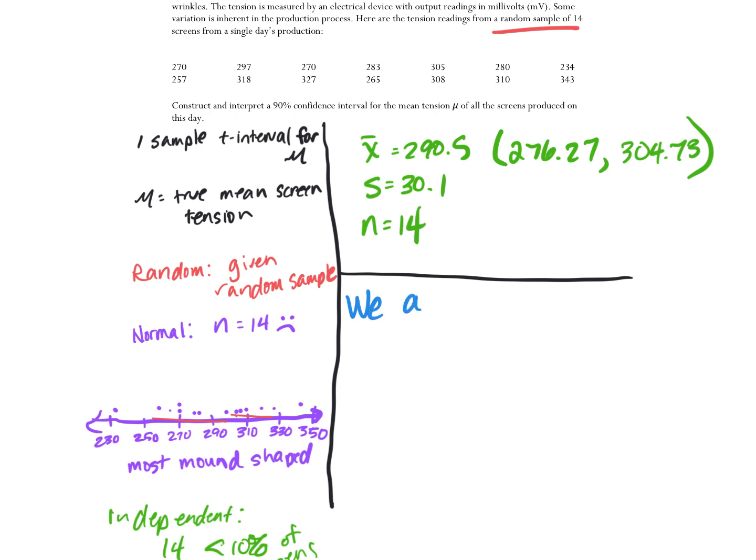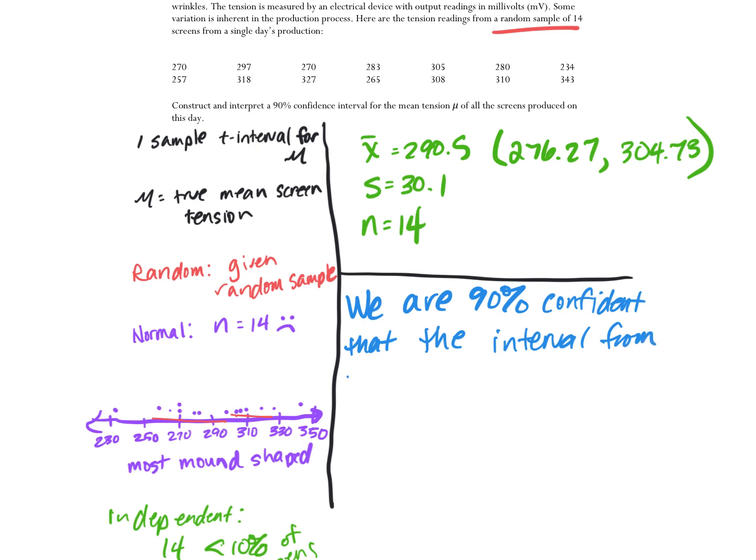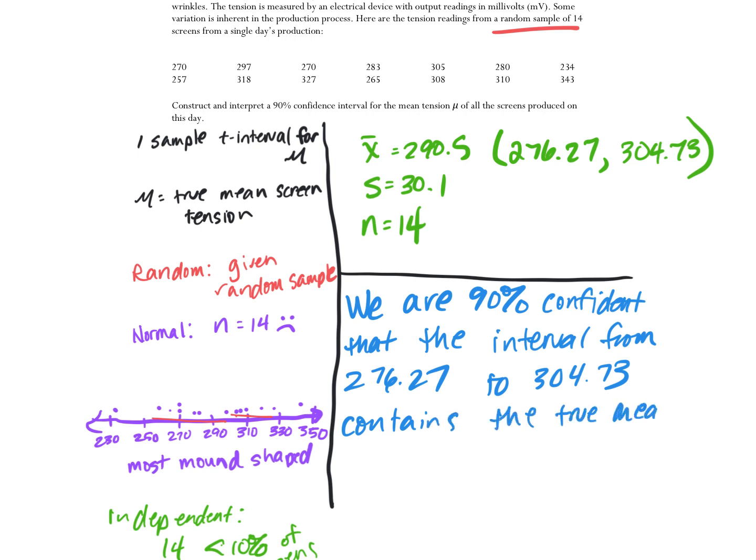So I'm going to interpret this with, we are 90% confident. So far, does that feel terrible? That the interval from 276.27 to 304.73 contains the true mean screen tension.